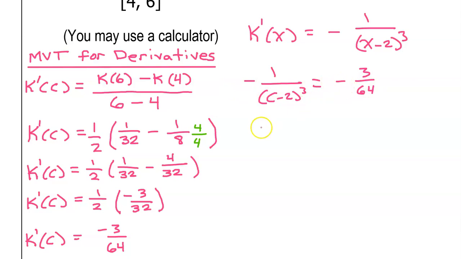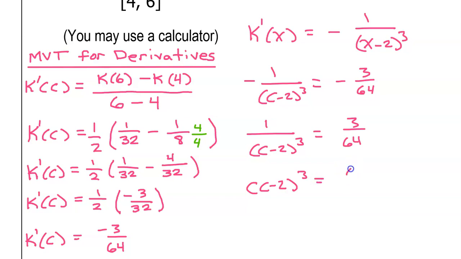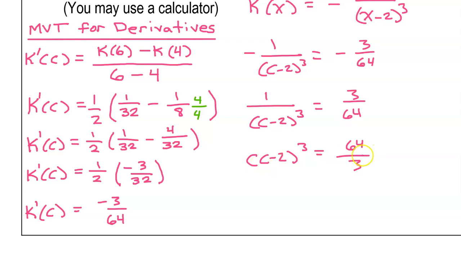Dividing both sides by -1, we get 1 over c minus 2 cubed is equal to 3 over 64. Taking the reciprocal of both sides, we have c minus 2 cubed is equal to 64 over 3. Taking the cube root of both sides, we have c minus 2 is equal to, well, the cube root of 64 is 4, so I'm just going to put 4 over the cube root of 3.